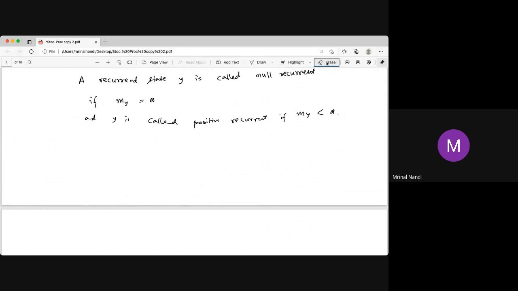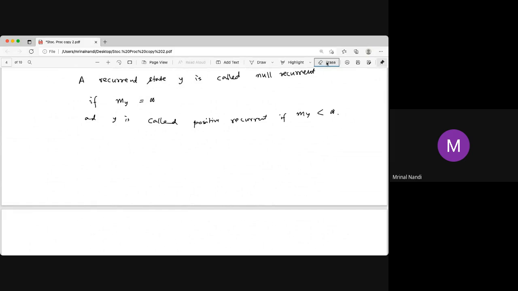The idea is like this. The average number of visits to state y in 10 steps is, say, 1. In 100 steps it is not 10, it is say 2.